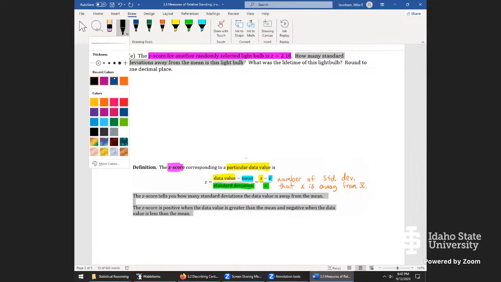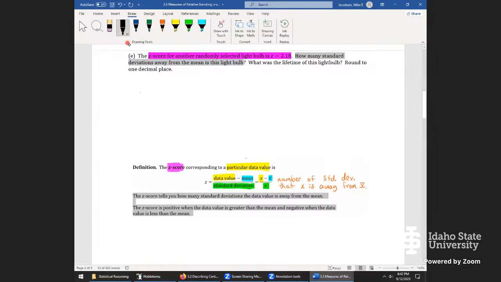But we can say here, the observation is, we go back to the z-score they gave us, 2.18 standard deviations away from the mean right here if we'd like, but you could be more descriptive.